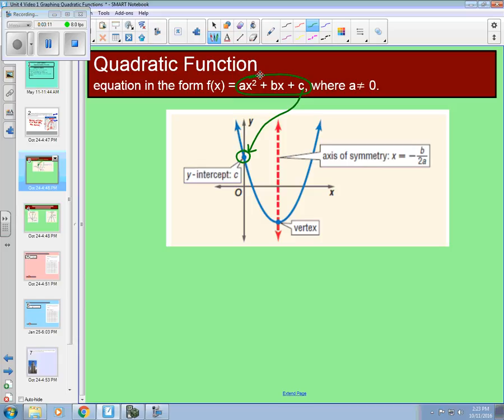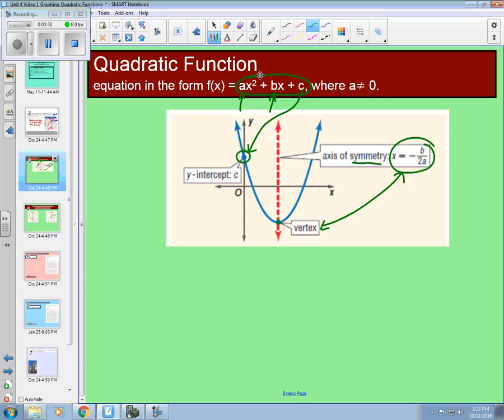Your vertex, okay, is that lowest point, or as we saw in the last one, the highest point, is found by using this formula right here. So the vertex is found by doing negative b over the quantity 2 times a, where b and a are these numbers in the quadratic function. That also tells you your axis of symmetry.